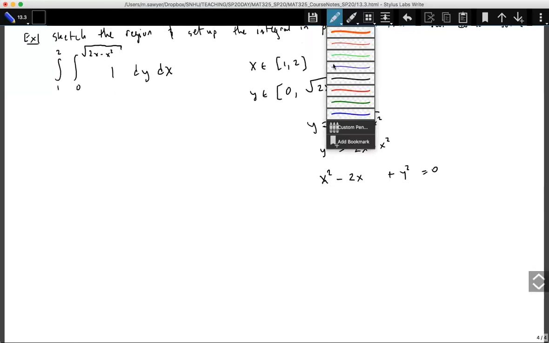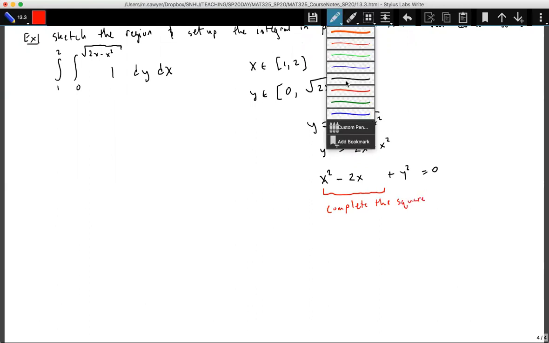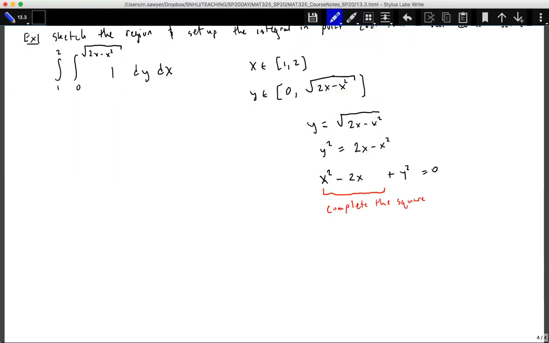If you remember from perhaps your algebra days, we can complete the square on this because we have components of our squared terms here. So if we complete the square, we're looking to figure out what we can add and subtract.